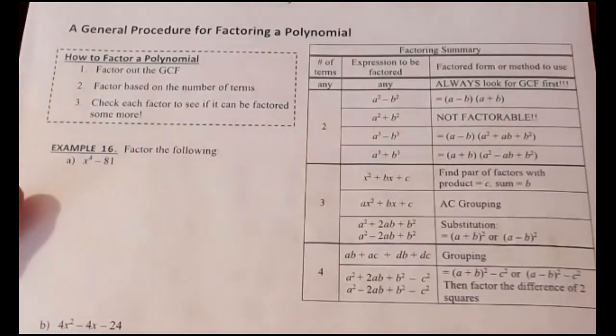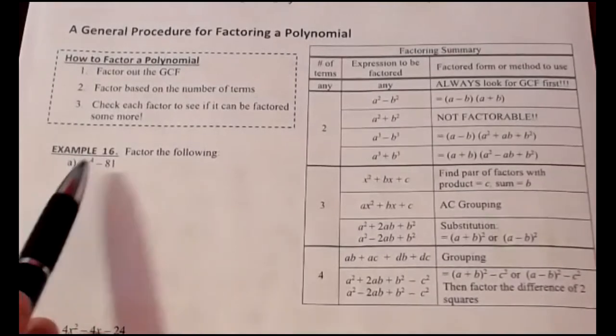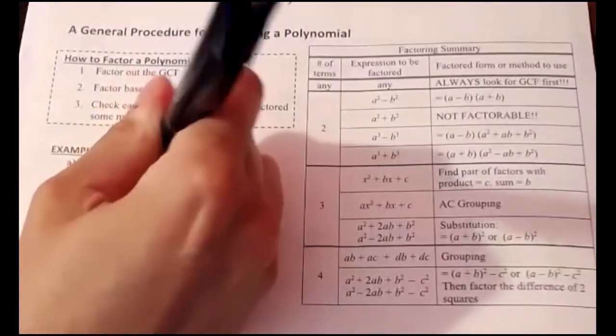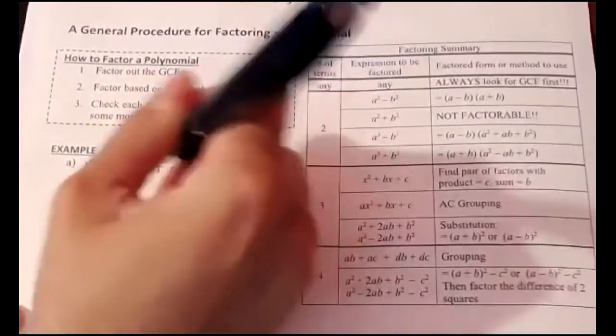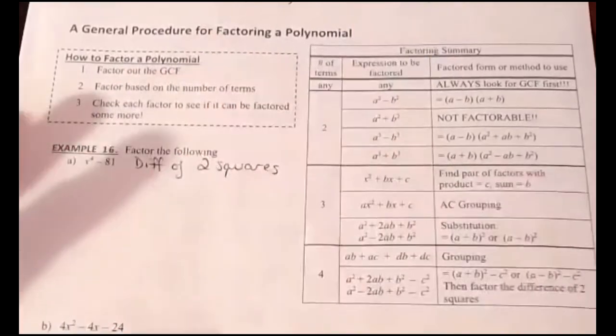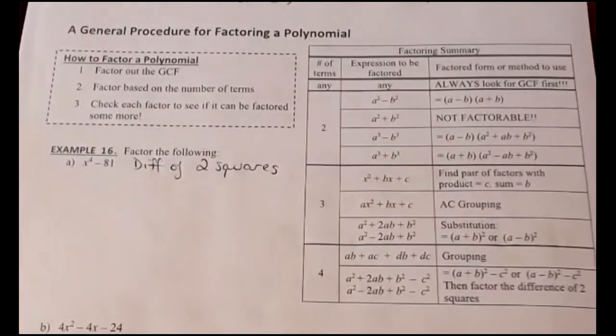Perfect. Part A, we have x to the fourth minus 81. Immediately, I'm going to notice that this is the difference of two perfect squares. What I also like to do is write down the form I'm going to use when I factor, so the difference of two squares. Even if you did all the work, if you didn't name them, that might be a really good strategy.